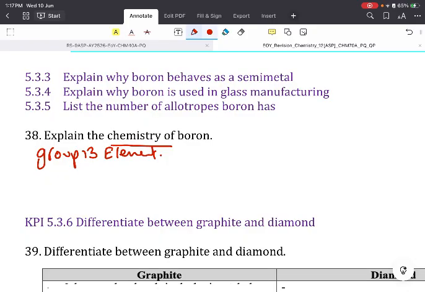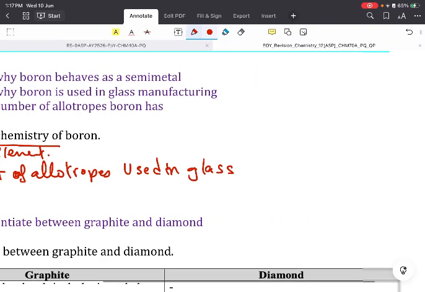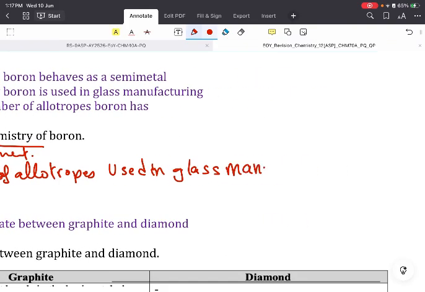Let's talk about the chemistry. It has a lot of allotropes, which means networks of boron. It is used in glass manufacturing. Remember this, manufacturing.